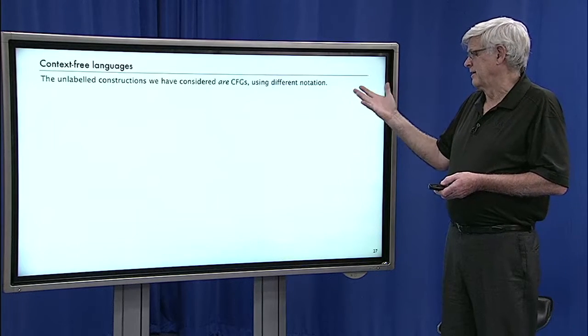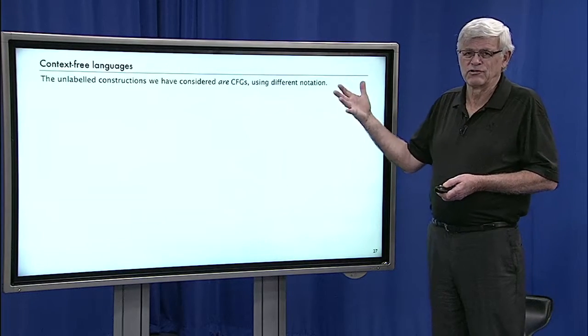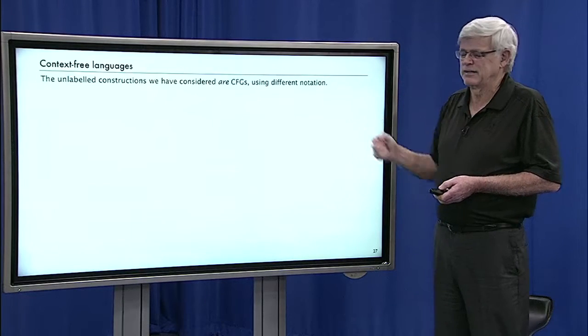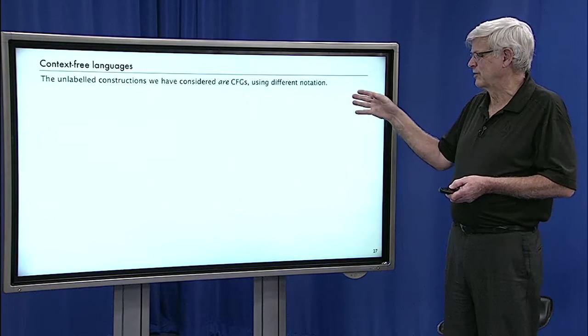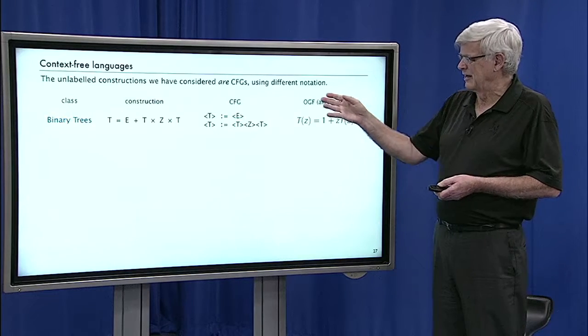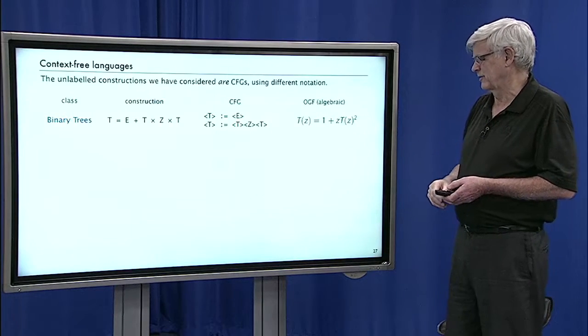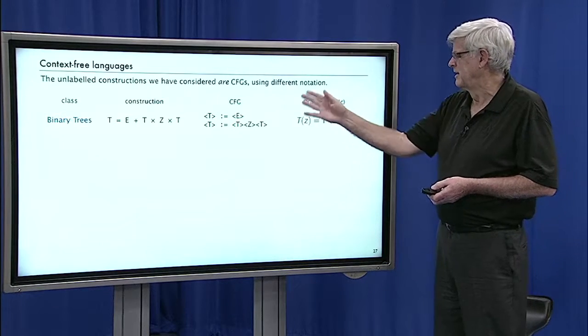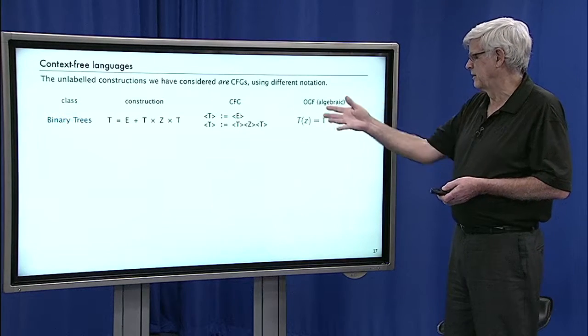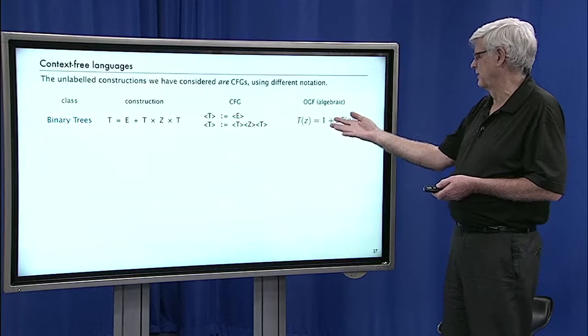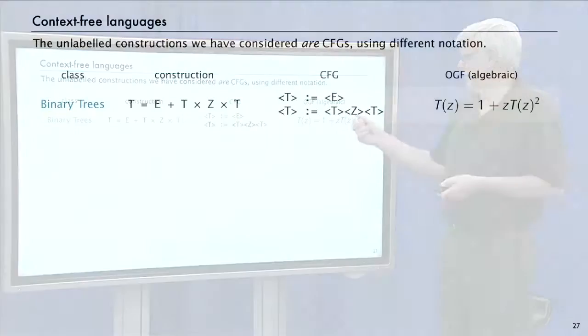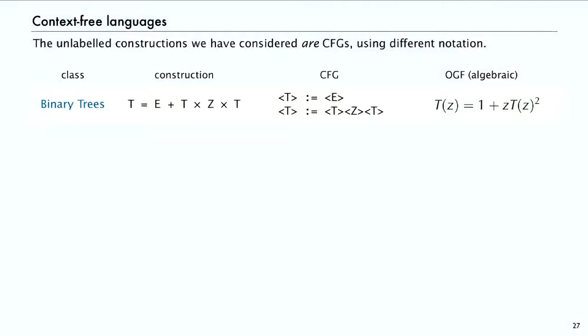Now, actually the constructions that we've considered are all unambiguous context-free grammars, just using different notation. So that's binary trees, but this is binary trees as a context-free grammar. And so then the OGF is going to satisfy an equation like that, so it's an algebraic function.